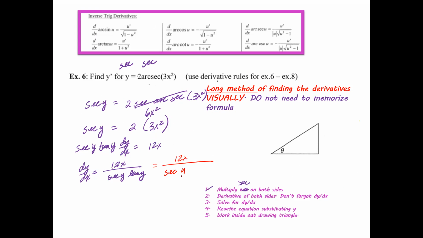So secant y, I'm going to replace that y with a 2 arc secant 3x squared, and then tangent 2 arc secant 3x squared. Oh my gosh, that's going to be kind of crazy. Because how am I going to proceed with this and find that? So at this point, I'm like, dang it, maybe I should not do that.